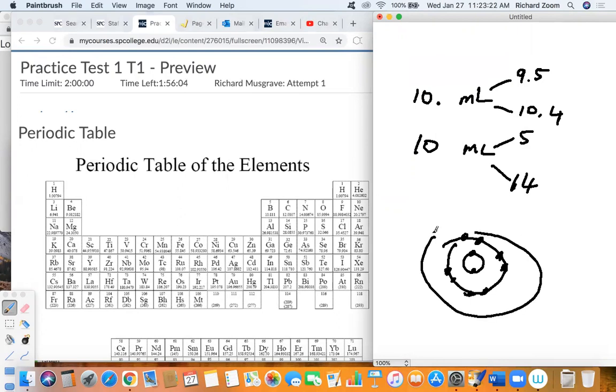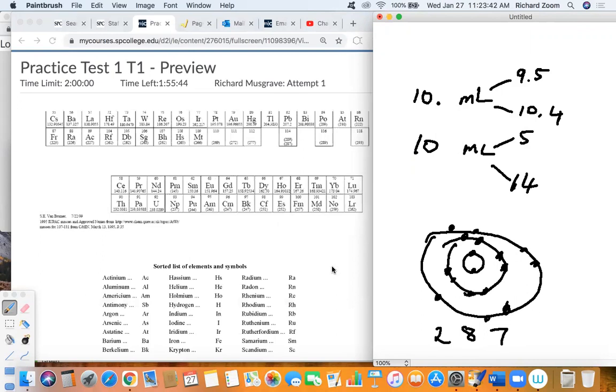And then to get to chlorine, it's 7: 1, 2, 3, 4, 5, 6, 7. So the answer there would be 2, 8, and 7, and that's what you'd put in those blanks. Does anybody have any questions so far?